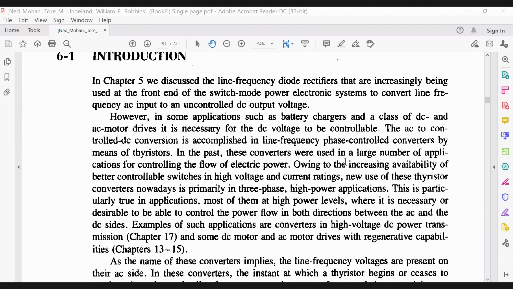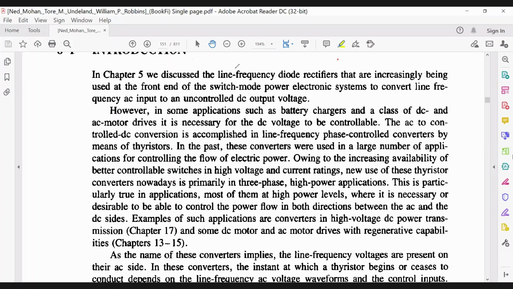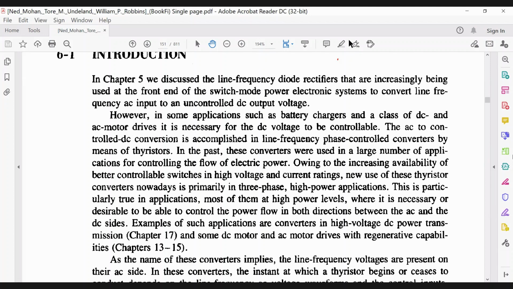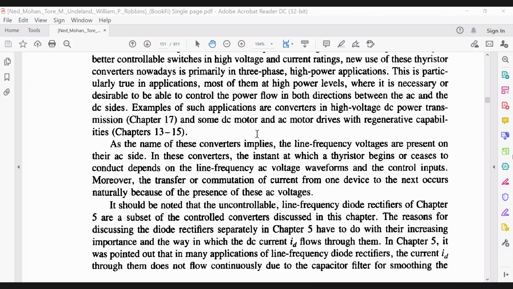In the introduction, they have told a lot of things. Previously, we used line frequency diode rectifiers, but we shall use a controlled rectifier, and there we shall use thyristors.